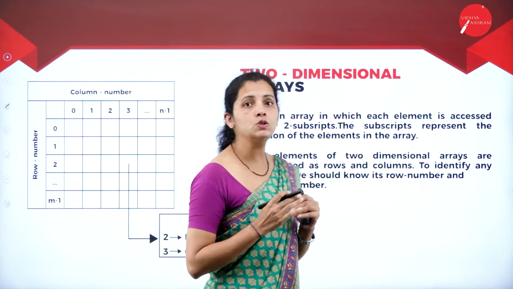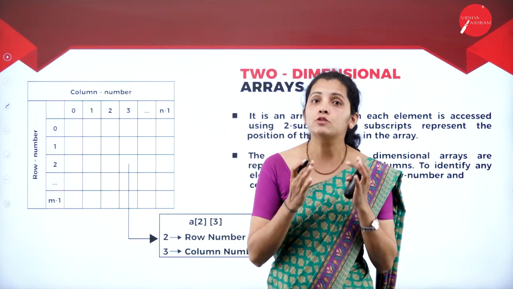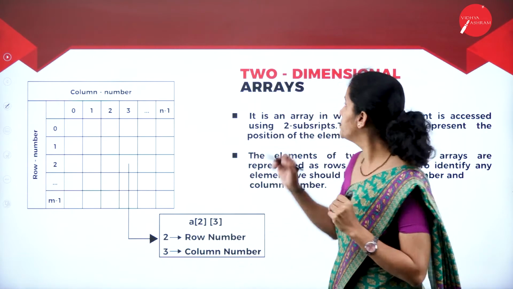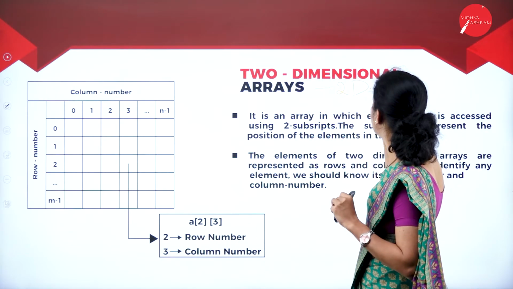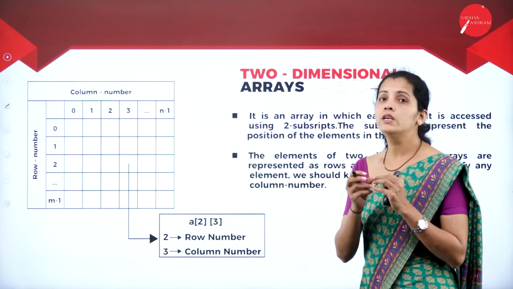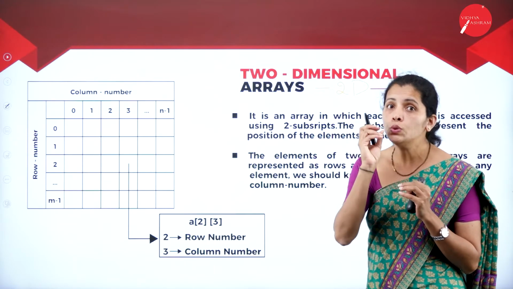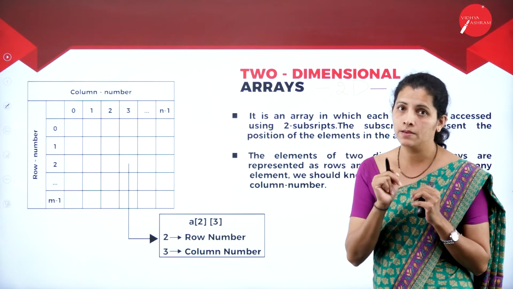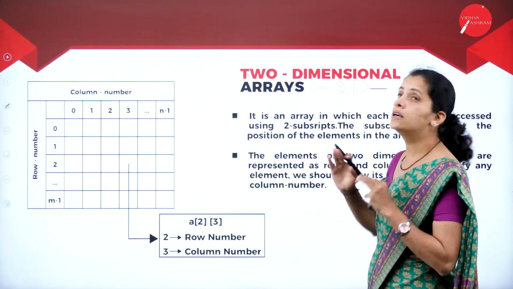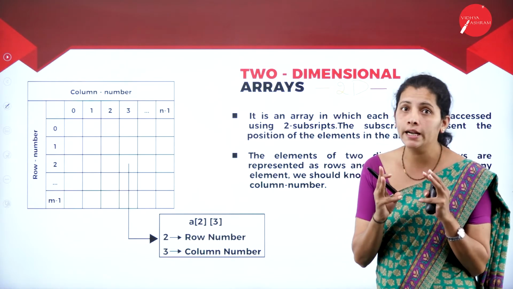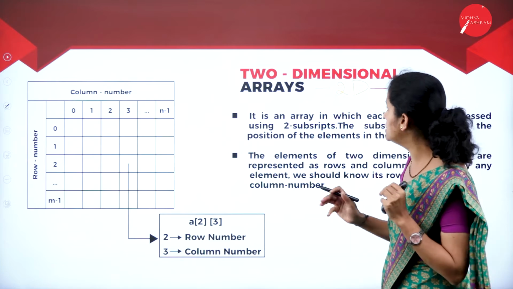So what is a two-dimensional array? It's also called 2D. Here D is nothing but the dimension. So here D is used to represent the index. If it is 2D, then it's going to have 2 indices.